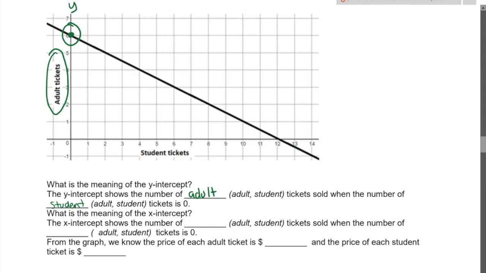Okay, what is the meaning of the x-intercept? So the x-intercept is not this anymore, it's the opposite. It's this point. So that's the x-intercept. That is the y-intercept. So what does this represent?